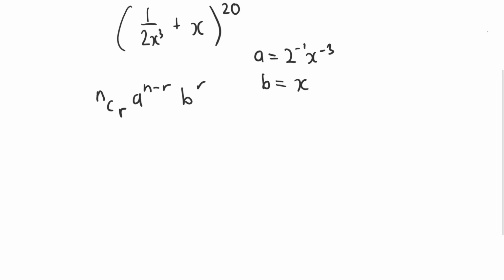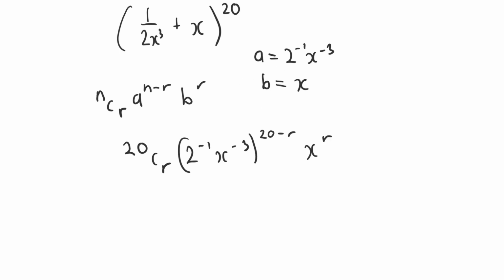So we're going to take 20 C r times our value a, 2 to the minus 1 x to the minus 3 to the power of 20 minus r, times our value b, x to the r.